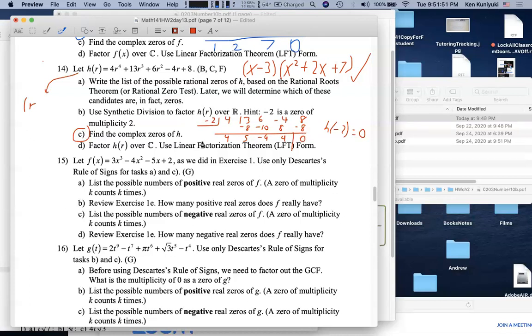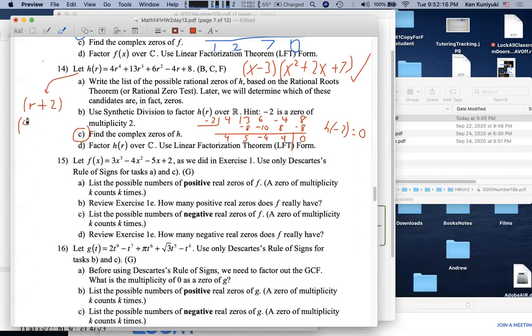Do we factor after this one? Can we factor again, 4, 5, -4? So here's what you do. If -2 is a zero, r plus 2 is a factor, right? Fourth degree divided by first degree is third degree.